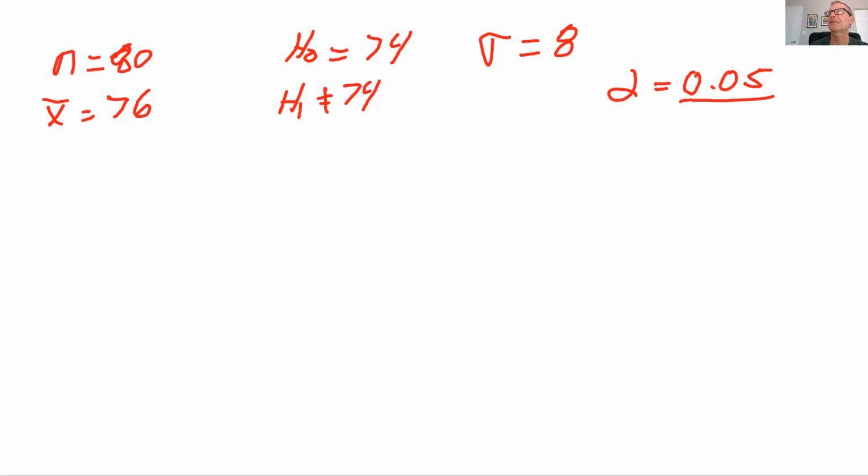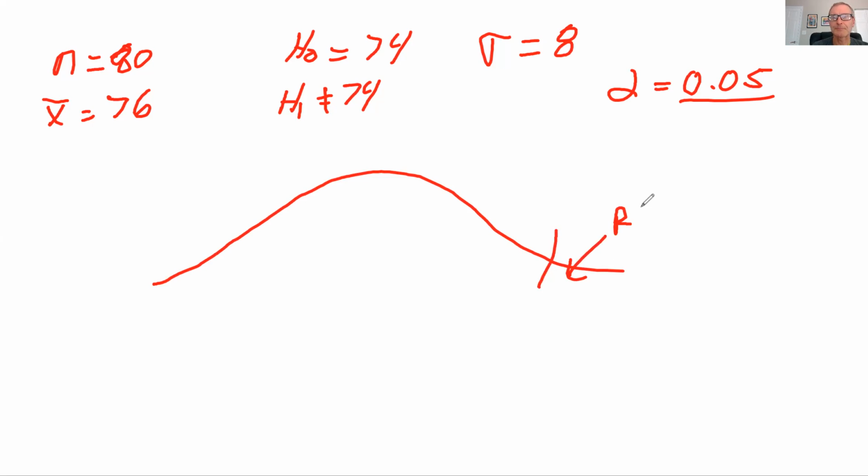So here's when you got to think a little bit about what we're talking about, this idea of the two tails. And so the two tails is that we're going to do the right tail and the left tail, all right?